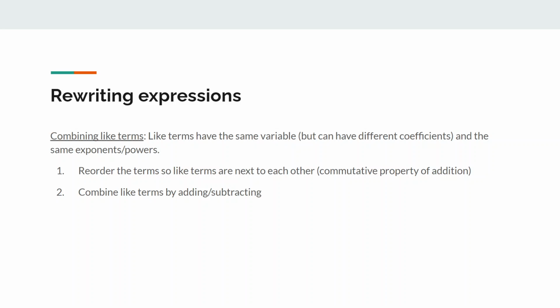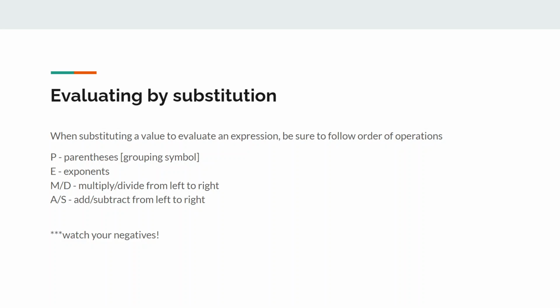Okay. So you get a value to put in for an expression. Once you have put in that value, substituted that value, then you follow order of operations. Now, here is another piece that is more complex than when you first learn about order of operations. So P stands for parentheses, but really it means grouping symbols. You may have things in parentheses.